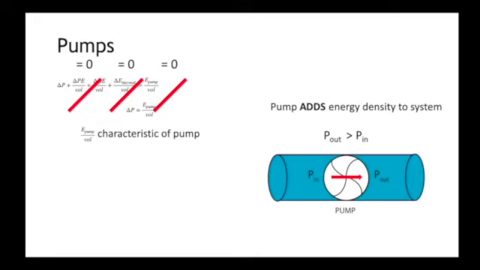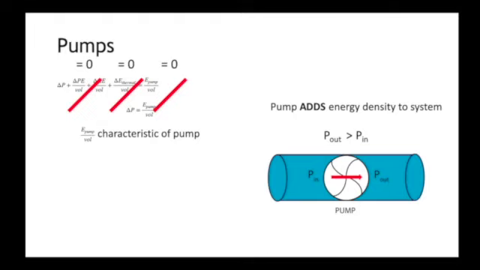So this pressure, potential energy density, and kinetic energy density are changing and exchanging as the fluid flows through the circuit, and then the net addition or subtraction comes from thermal energy dissipation or energy density from pumps, right? Those are the two things that are adding or subtracting from our system.